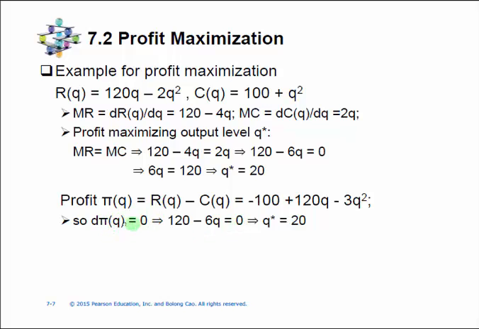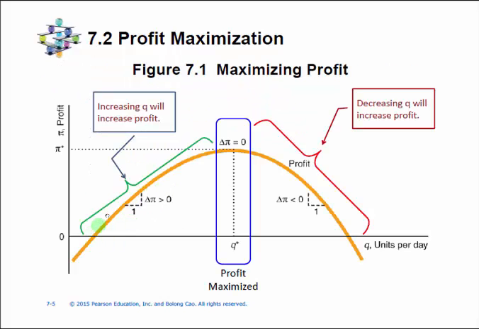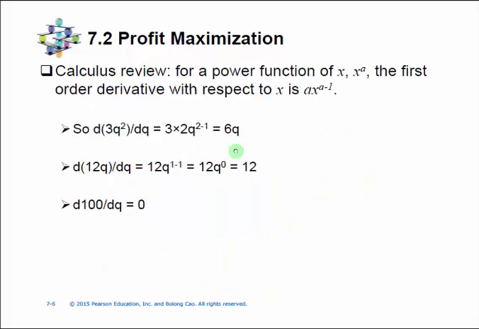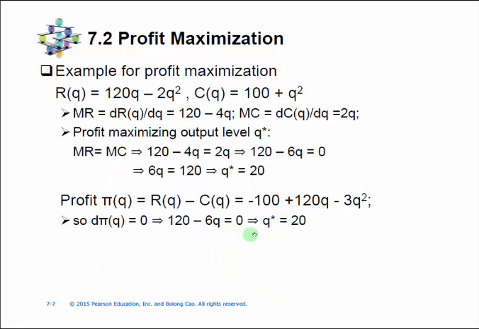That's the so-called first order condition. You set the first order derivative to 0 to get either a maximum or minimum, and because we have this concave shape, we know it's a maximum. Again, it gives you the same equation and the same solution: Q star is 20. Once you produce at 20 units, you maximize the profit.